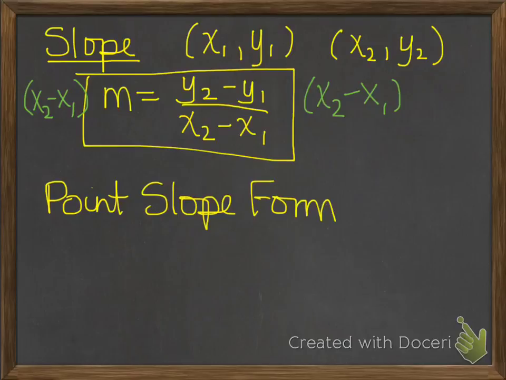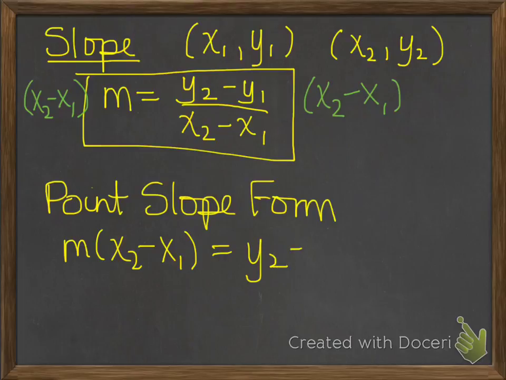And so what do we end up with? On the left, I'm going to take the m out to the front of the parentheses. So I have m times (x2 minus x1) is equal to y2 minus y1.